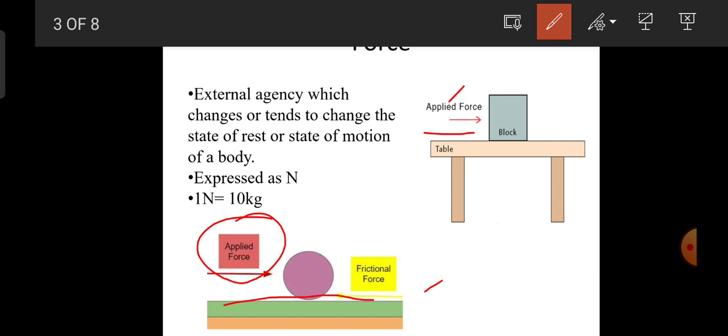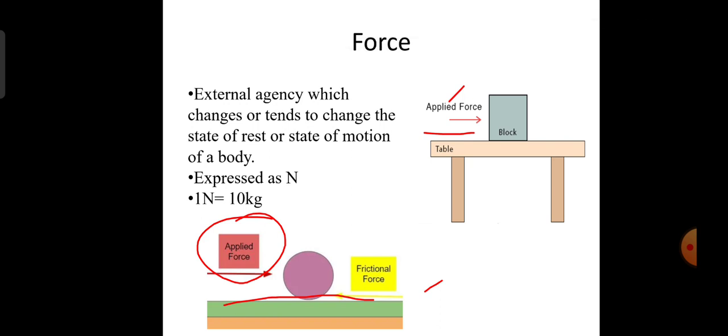As that continues, the state of motion will be changed to the state of rest. Hence force is the external agency which changes or tends to change the state of rest or state of motion of a body, and usually it is expressed in Newton in terms of SI units.